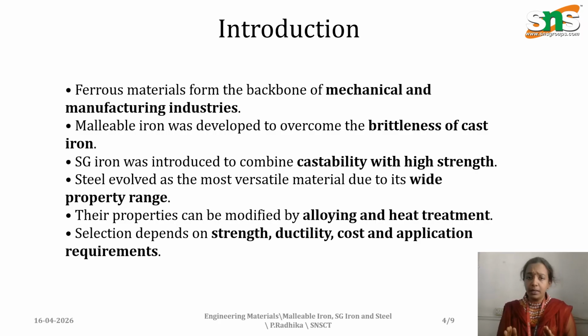Ferrous materials are very important for research, and for mechanical and manufacturing industries. Whether we are developing an automobile vehicle or a car part, iron and steels are very important. That is why ferrous materials are important for the manufacturing field.